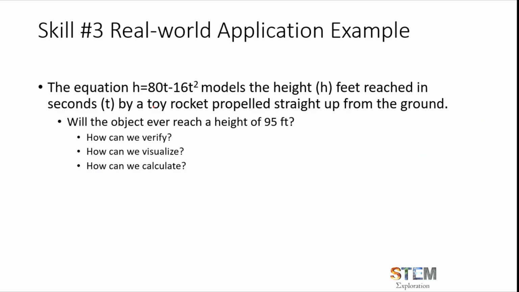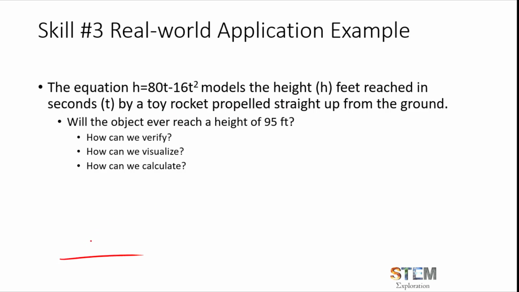So a real world application might be something like this specific word problem that I have here. The equation h equals 80t minus 16t squared models the height h in feet, at t seconds, of a toy rocket propelled straight up from the ground.